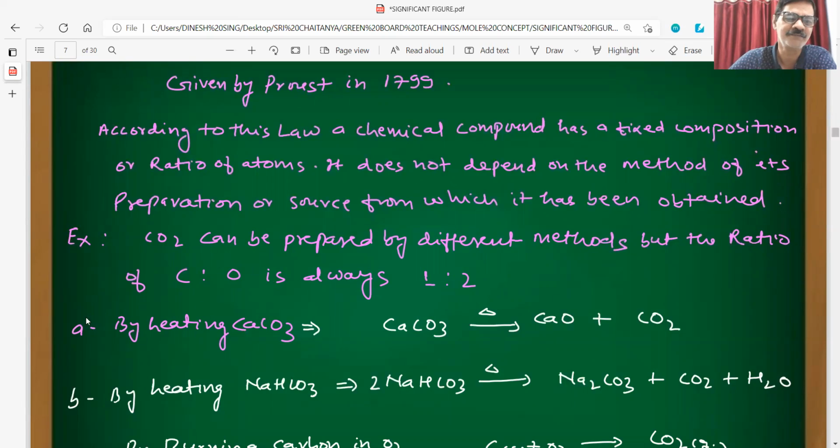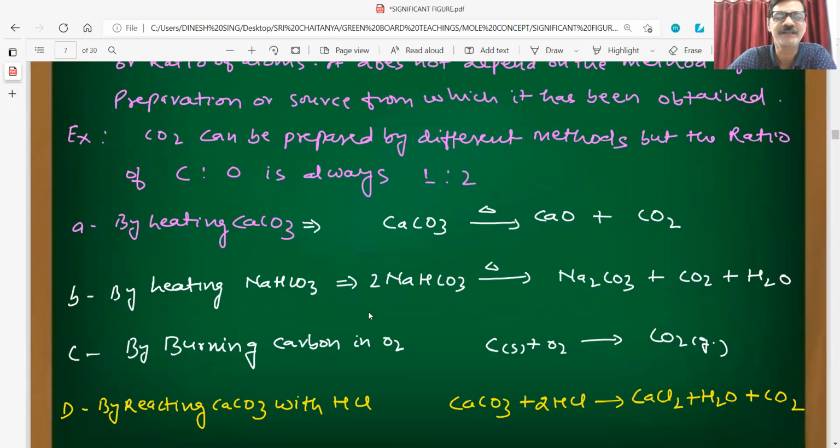For example, the first method we are using is heating of calcium carbonate, that is, the thermal decomposition of calcium carbonate. What will form? Calcium oxide plus CO2. So in the CO2, the ratio of carbon and oxygen will remain the same, 1:2.